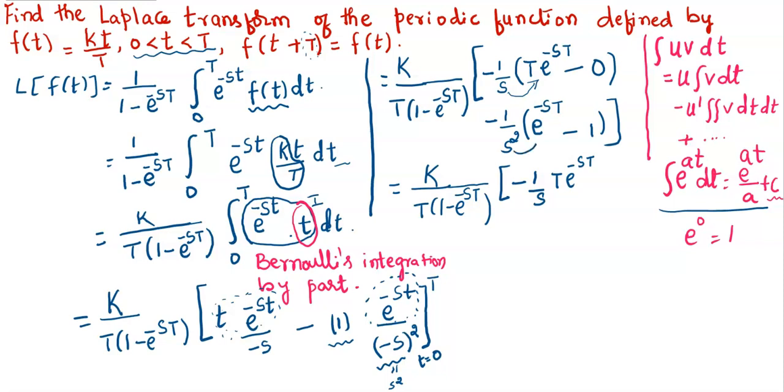This minus 1 by s square we have to multiply inside. So we are getting minus 1 by s square e to the power of minus s into T. Minus into minus is plus 1.